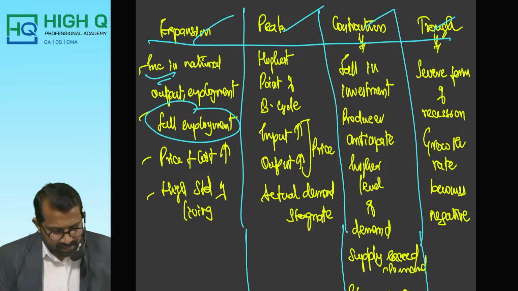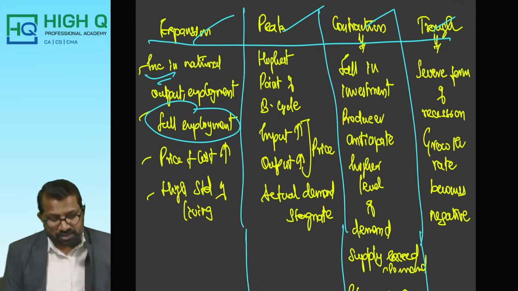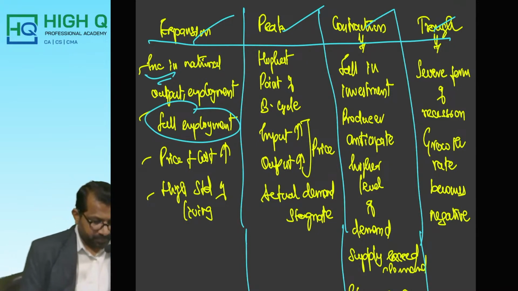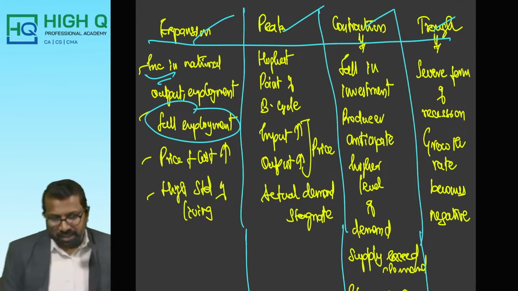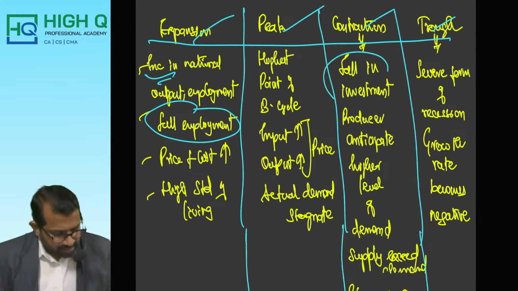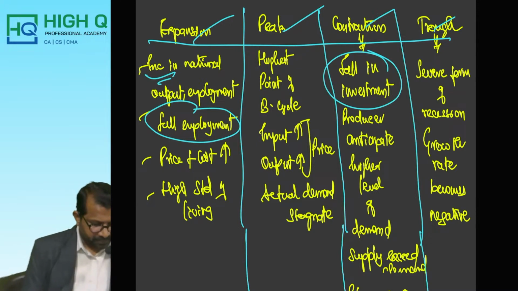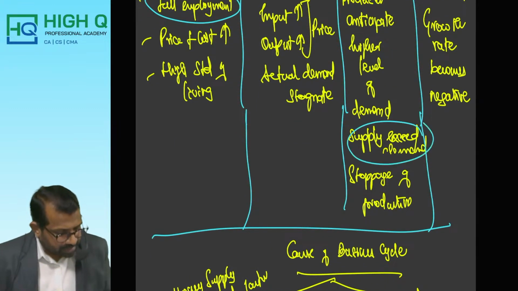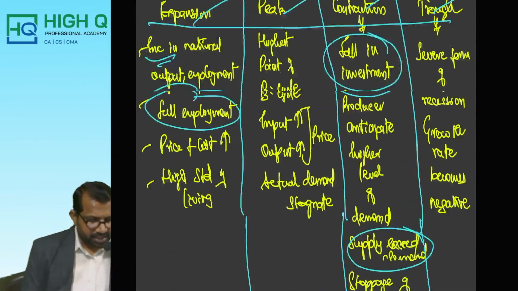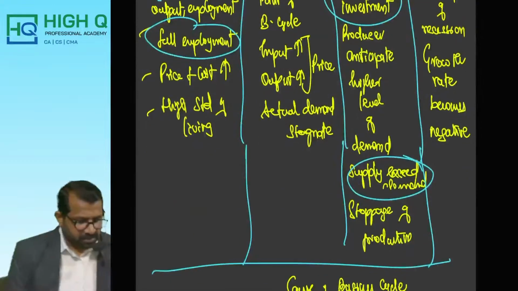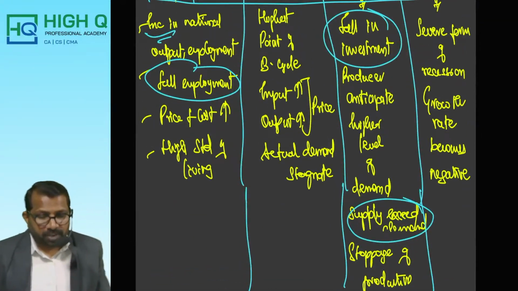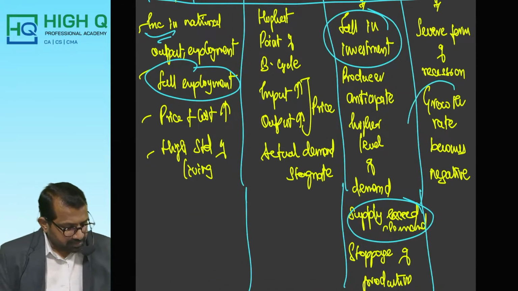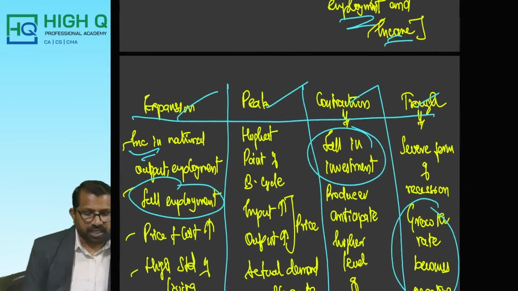Increase in national income and output comes under expansion. Fall in investment comes under contraction. Supply exceeding demand comes under contraction. The growth rate of the economy becoming negative comes under trough.